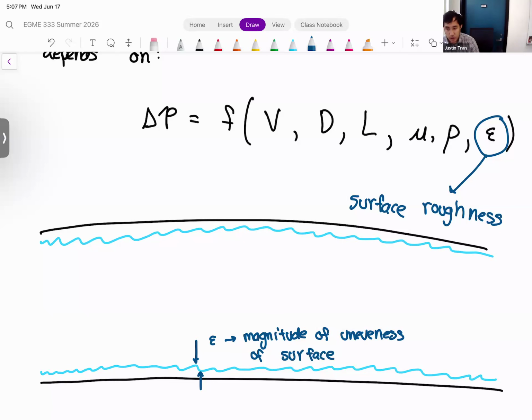You can think of epsilon as a measure of the unevenness of the surface. Surface roughness is something that you can look up. Generally for relatively new pipes, assuming very standard manufacturing procedures, this is something that you can look up.